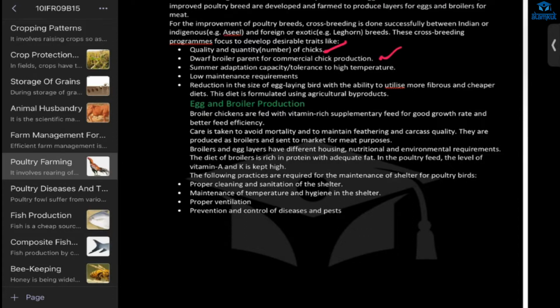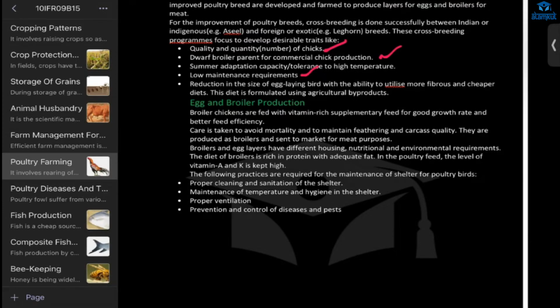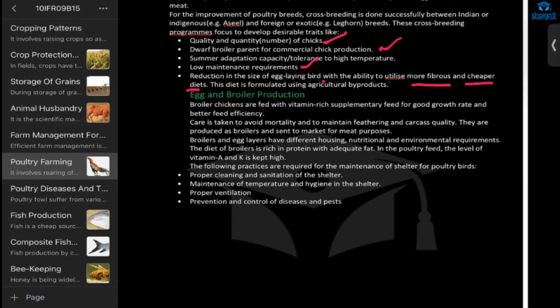Next, low maintenance. The maintenance cost will be low, and there is a reduction in the size of egg laying birds, and they will utilize more fibrous and cheaper diets. And this is formulated from agricultural products. So, what are the quality and quantity of chicks?